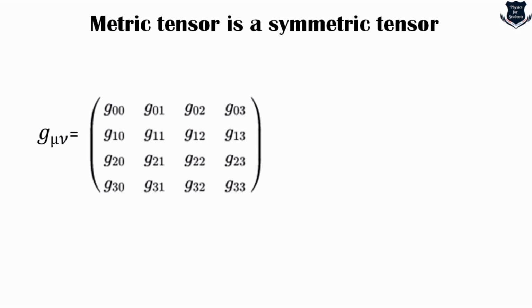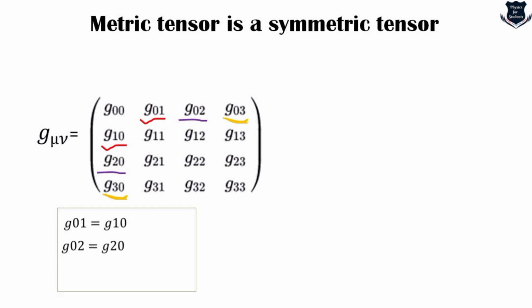If you see the metric tensor G mu nu, it actually comprises 4 by 4 components, which makes up a 4 by 4 matrix. But most importantly, 1, 0 and 0, 1 are the same. 0, 2 and 2, 0 would be the same. 0, 3 and 3, 0 would be the same. So if we write those similar components, 1, 0 equals 0, 1, 0, 2 equals 2, 0, 0, 3 equals 3, 0, and so on.